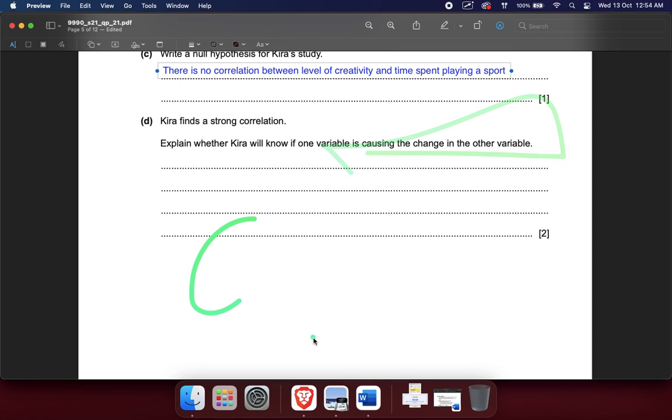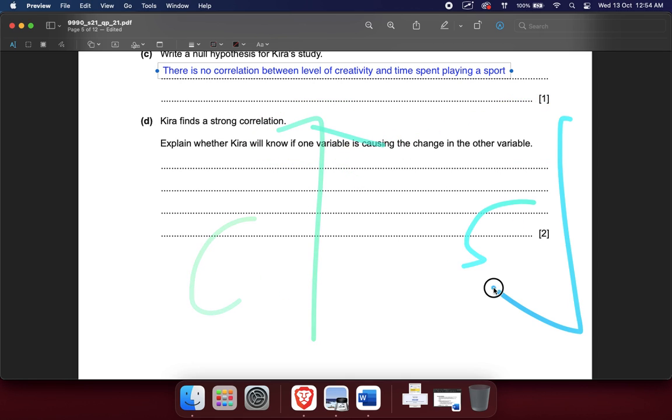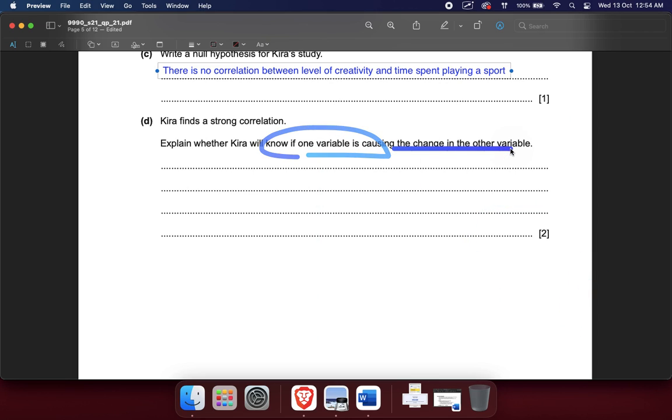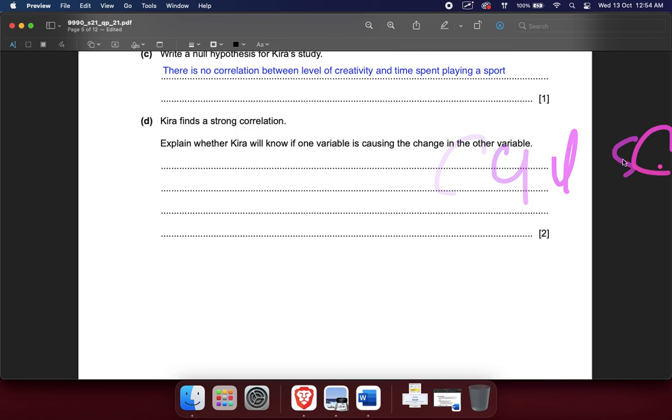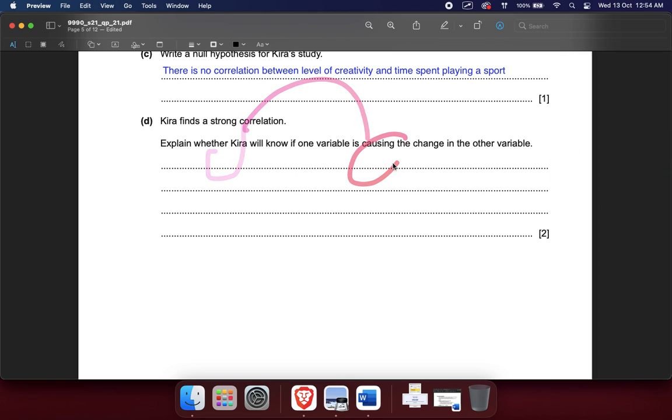So I've got my creativity here that's going up and my sports playing is going down, right? But what could a possible variable be in between that's influencing my results? Why? Because correlation is not causation. You cannot say that this causes this to happen. No, it doesn't always work like that for people.